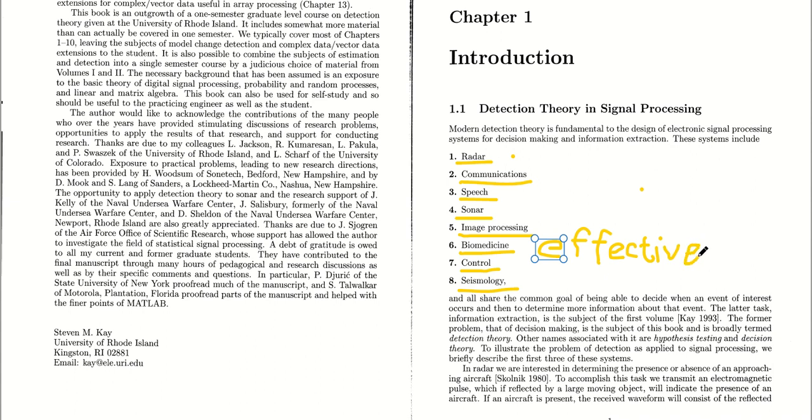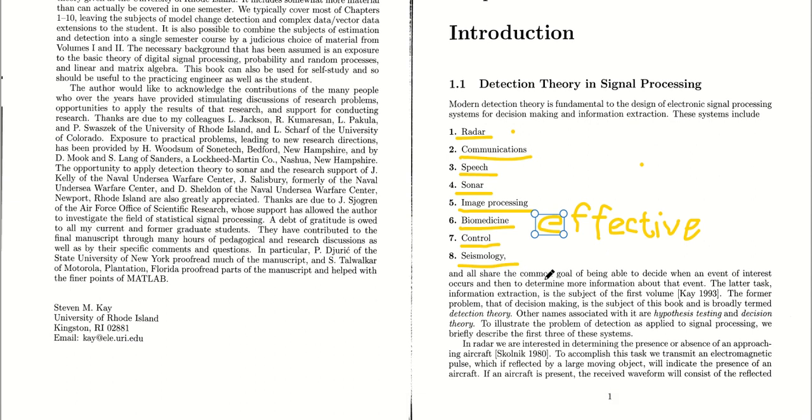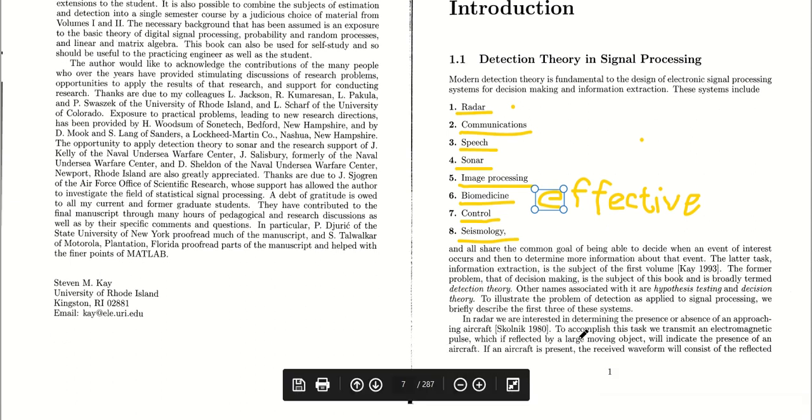That's the question in biomedical. Then a control system, if you want to control an aircraft, needs a lot of detections: detect its altitude, its height, its speed, and the speed of the wind. And seismology is detecting the center of the earthquake, or the magnitude of the earthquake. So that's the detection. Okay.